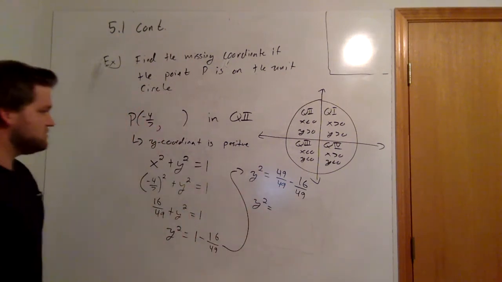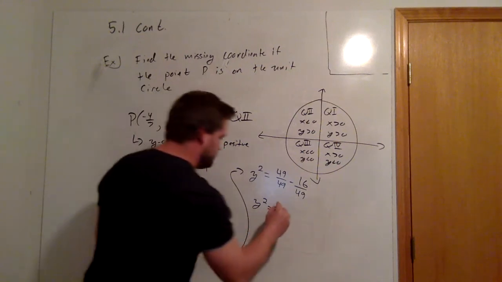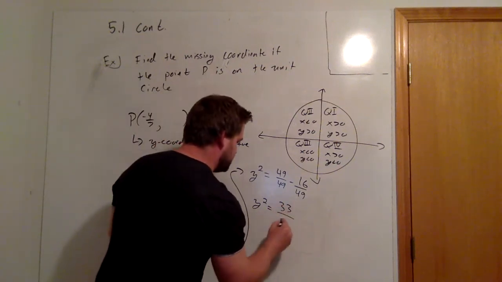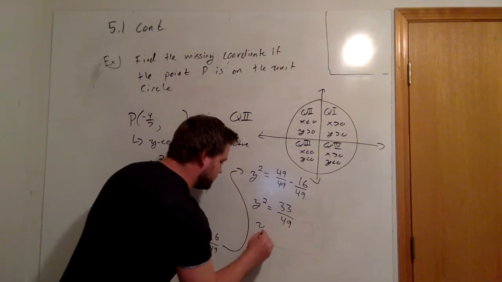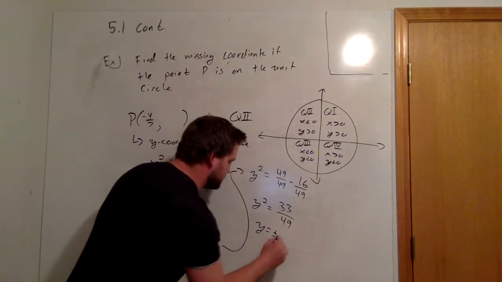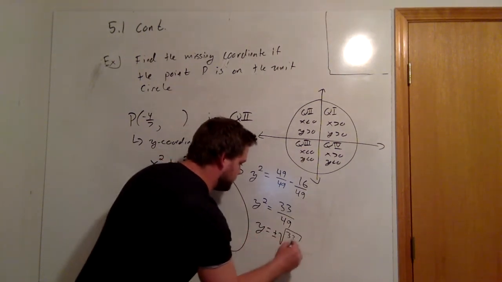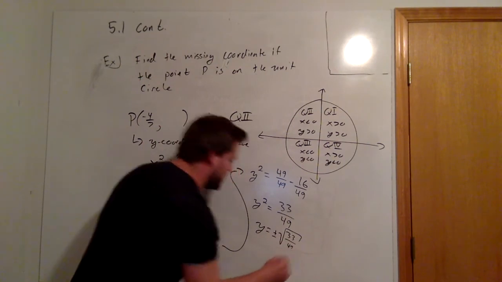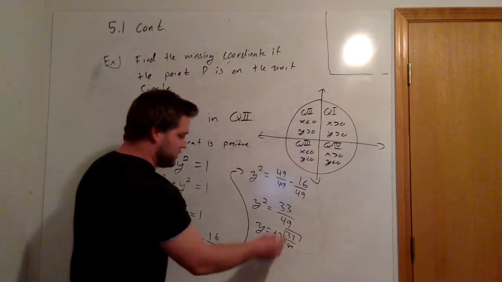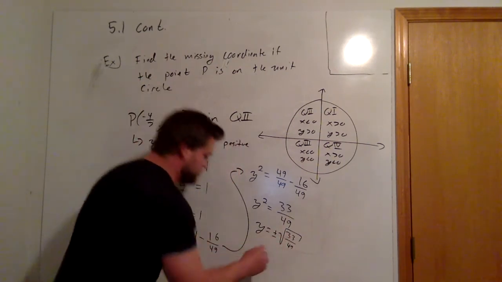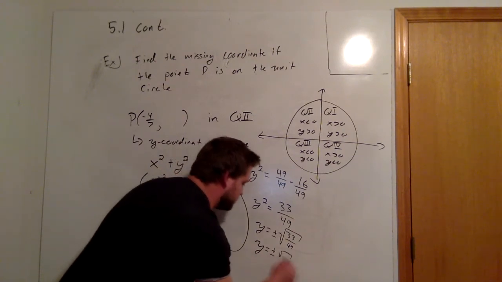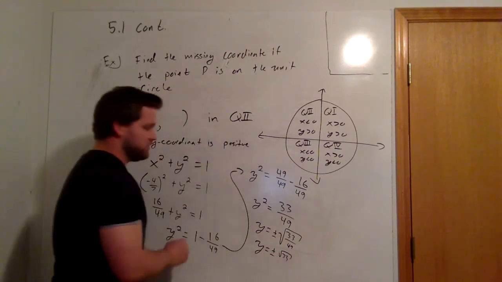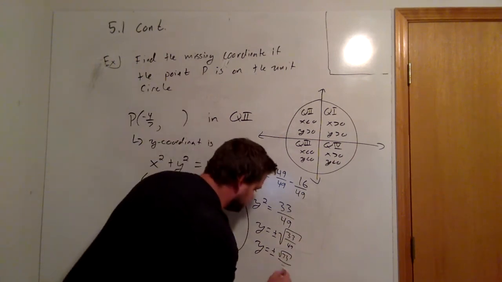49 minus 16 will give us 33. So we'll have 33/49. Let's take the square root of both sides. So y will equal the plus or minus square root of 33/49. Or since square roots distribute through division, we have y will be equal to plus or minus the square root of 33 divided by the square root of 49, which is 7.